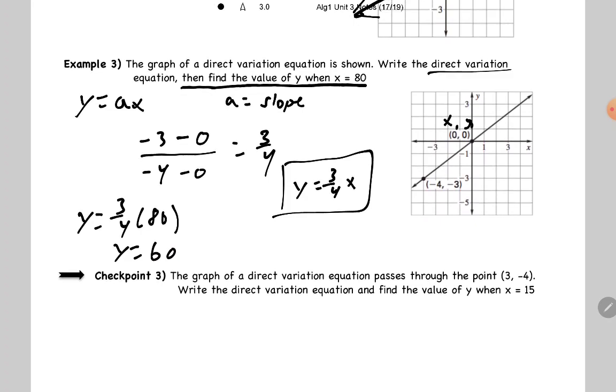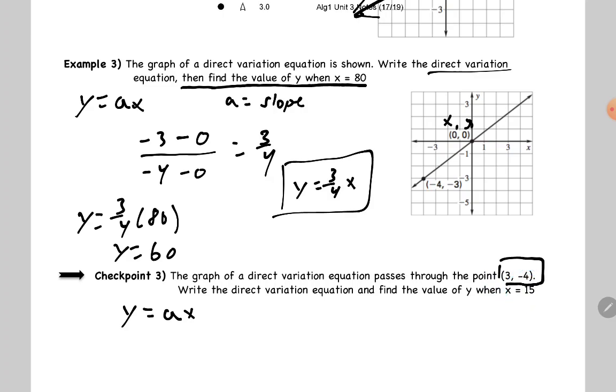Next, the graph of a direct variation equation passes through the point 3, negative 4. Write the direct variation equation. We're trying to make y equals ax, and they give us this coordinate. We're going to ignore the x equals 15 part because we don't have our equation yet.